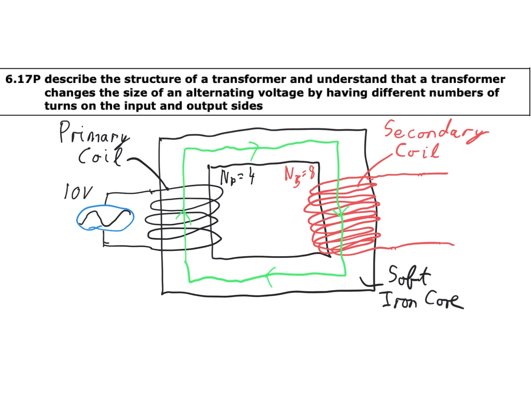And because the magnetic field is changing, the field lines are being cut by that coil, or the coil is cutting those field lines. Therefore, we are inducing a voltage on the secondary coil. And because there are more turns around the secondary coil, there will therefore be a larger induced voltage around the secondary coil. And that induced voltage will also be an AC voltage. And in this case, there is double the number of turns, so there will be double the amount of voltage.